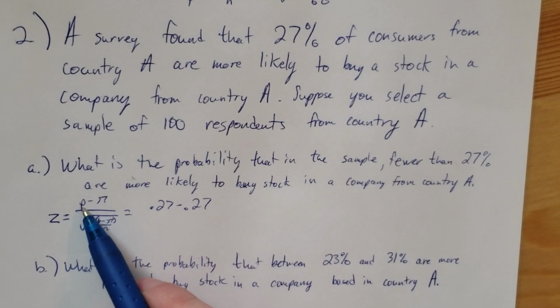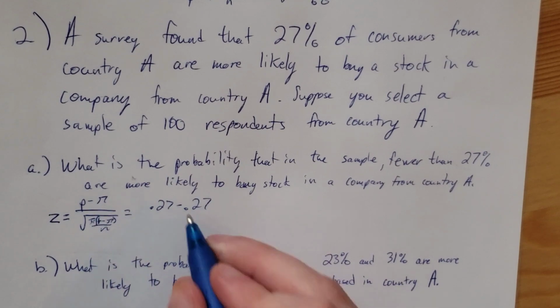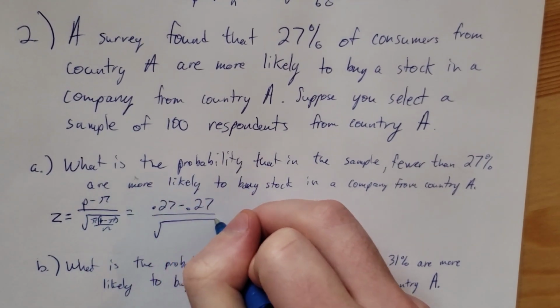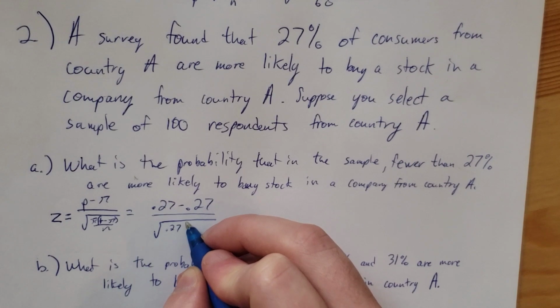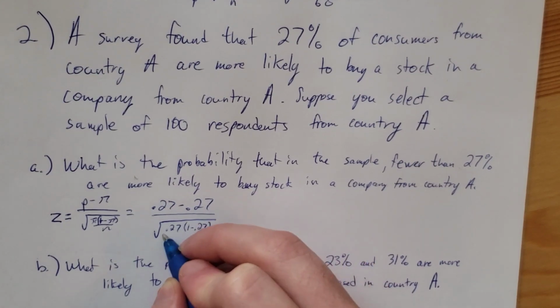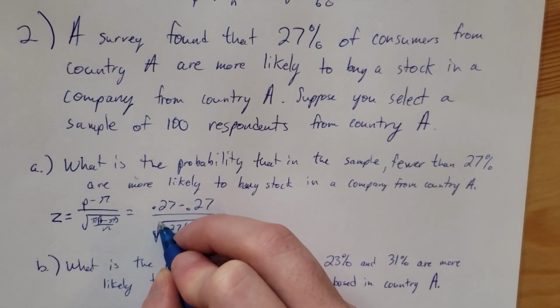P is the proportion that we're looking for. Pi is the population proportion. And then we have 0.27 times 1 minus 0.27, all divided by n, which was 100. And we take the square root of all of that.